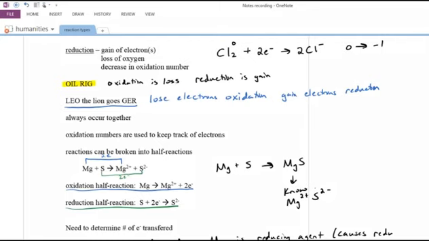It causes the reduction. Sulfur is reduced, so sulfur is the oxidizing agent. It causes the oxidation.